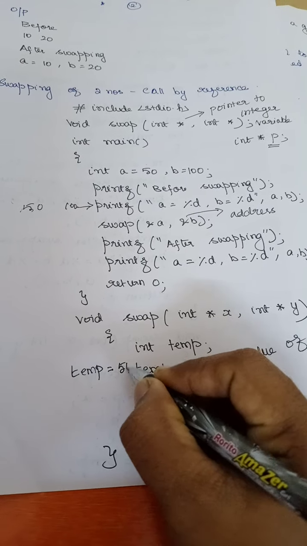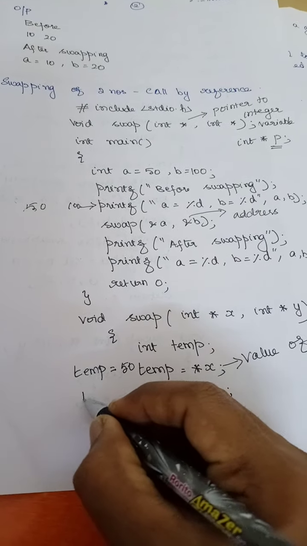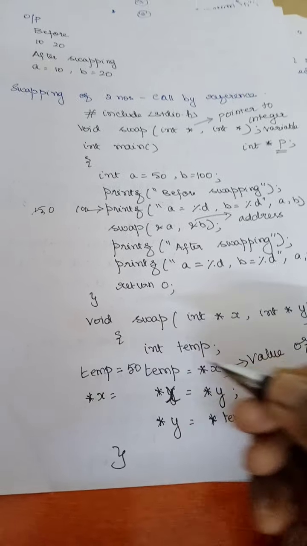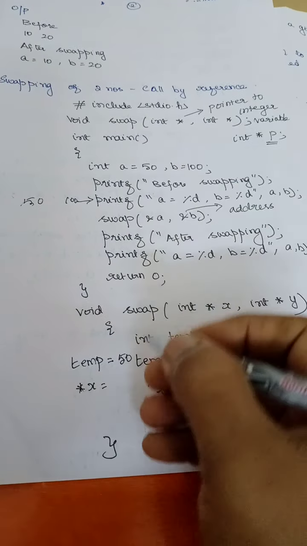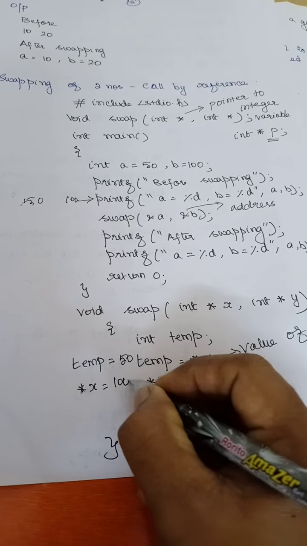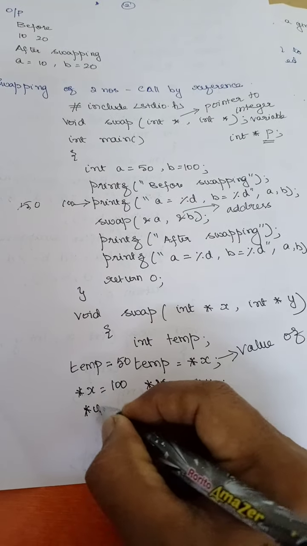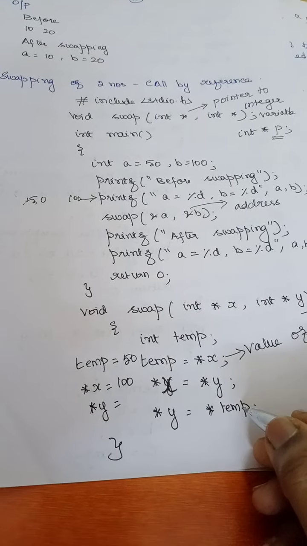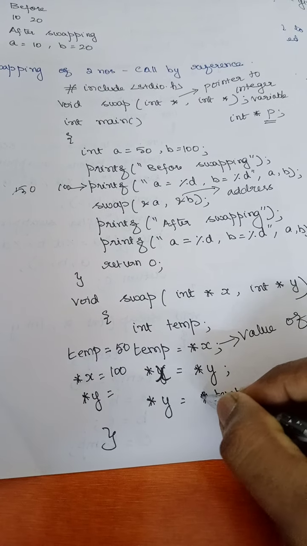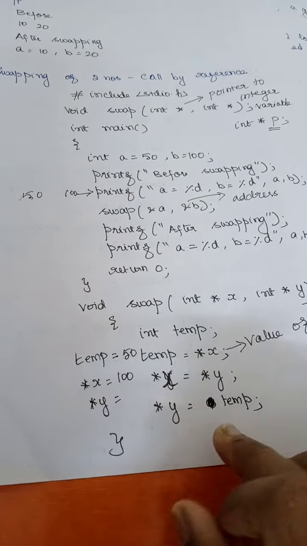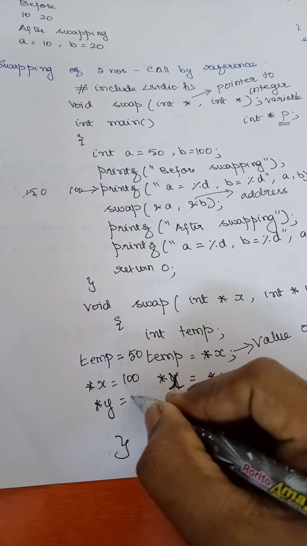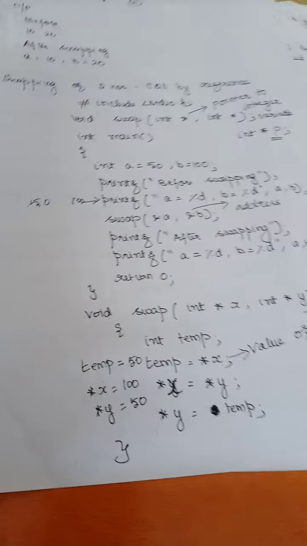A is what? 50. And then star X is equal to star Y. What is my star Y? 100. Similarly, star Y is equal to temp. What is my temp? 50. Clear?